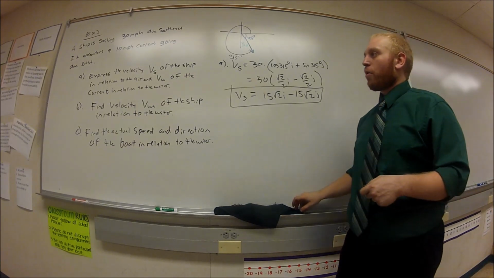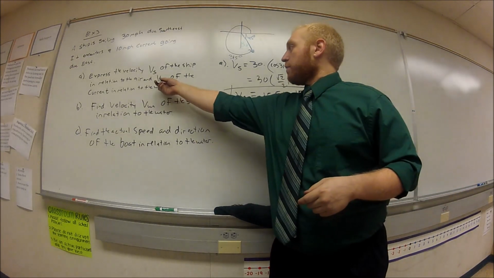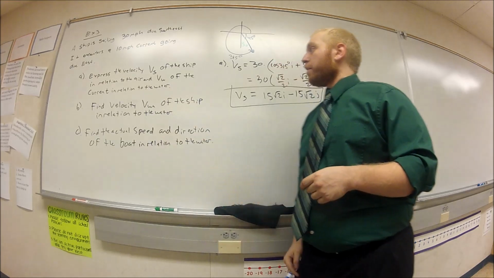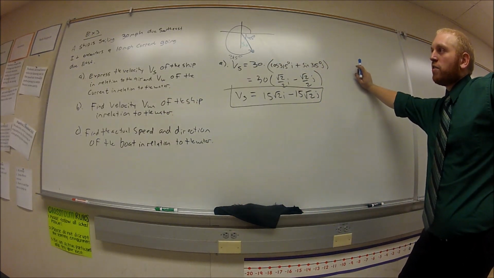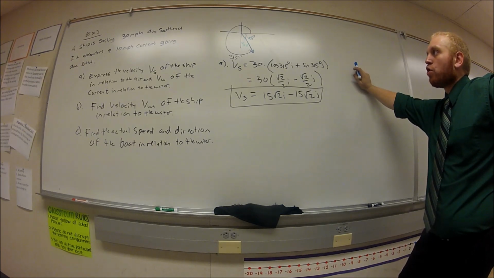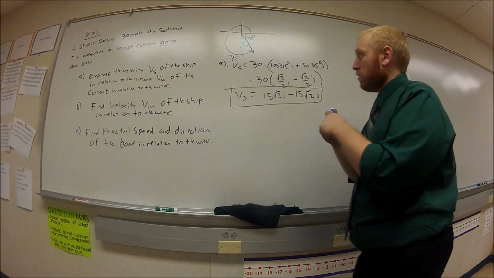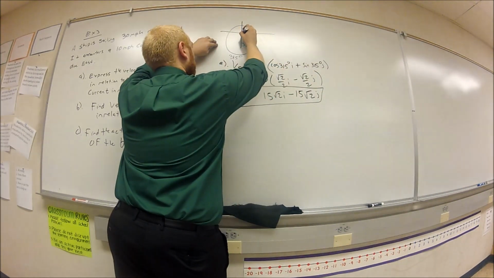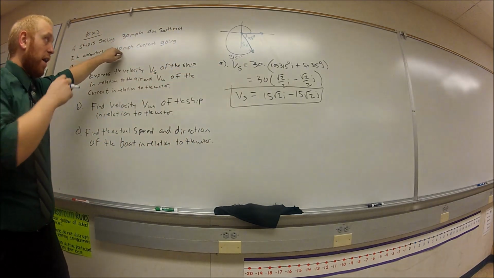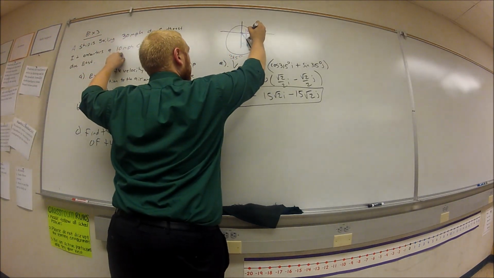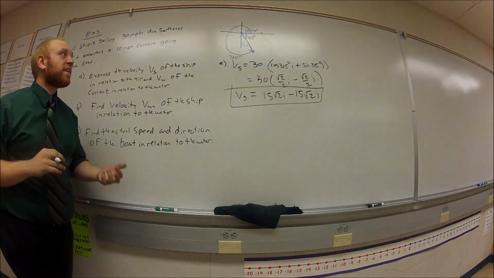Now let's answer the second part. It also wants to know the velocity vector, v sub w, of the current in relation to the water. Well, it says it encounters a 10 mile per hour current going due east. So let's think about it. Due east. East is this way, and it said it's going 10 miles per hour. So the magnitude of that segment needs to be 10.